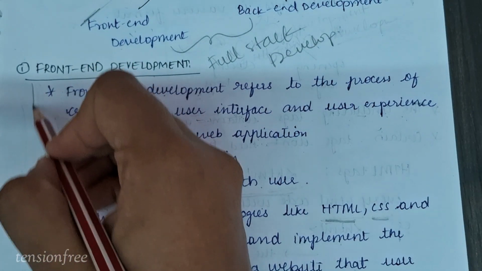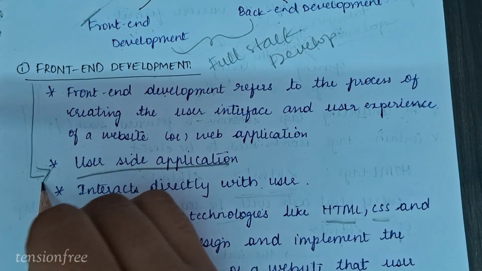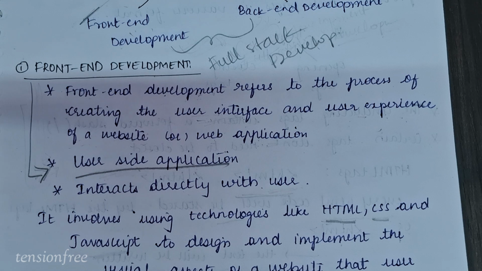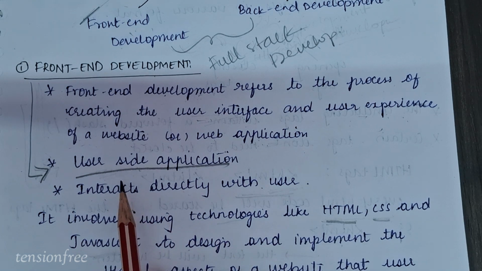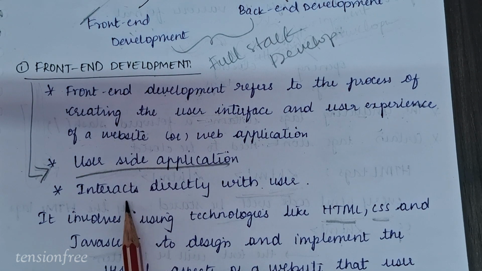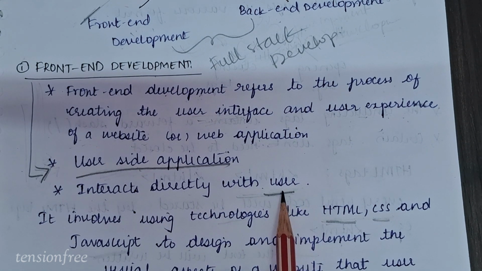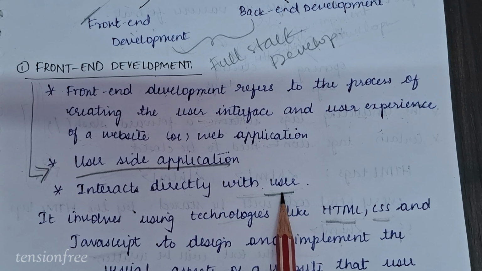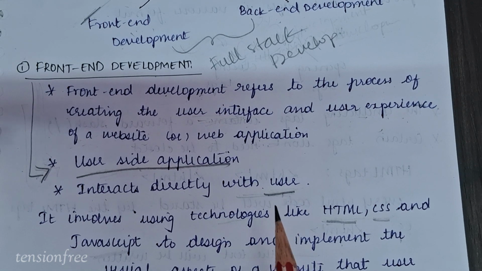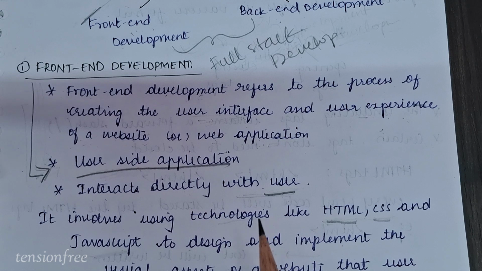As it is a user side application, front-end development directly interacts with the user. This is the definition you need to write when they ask the question about front-end development.